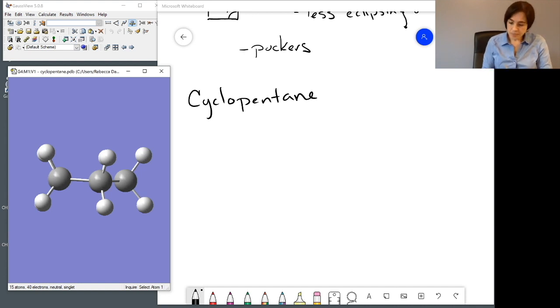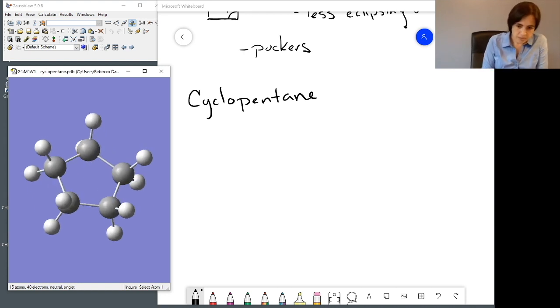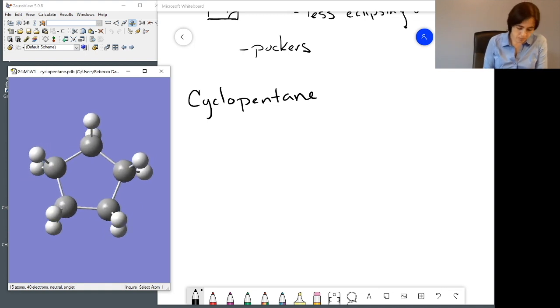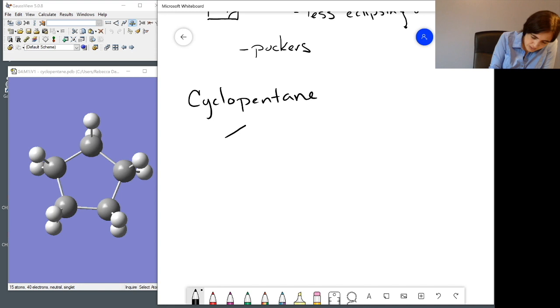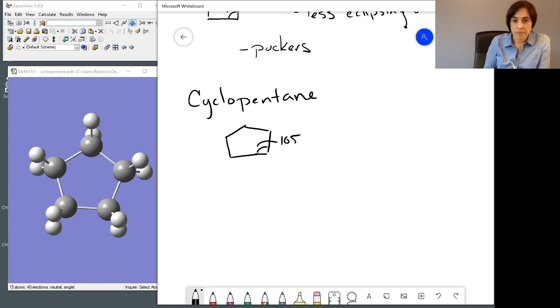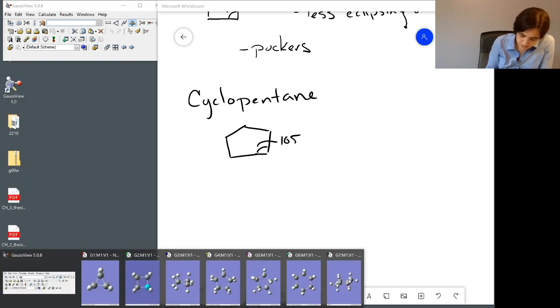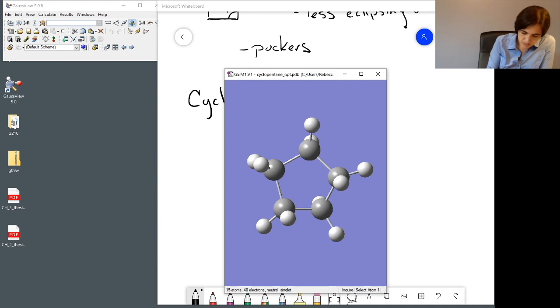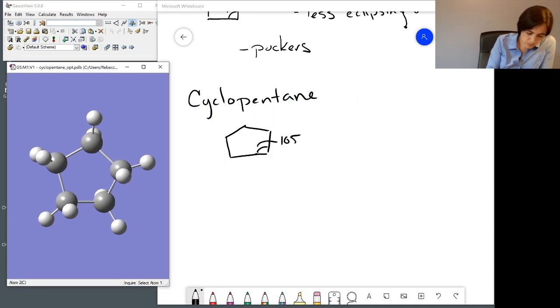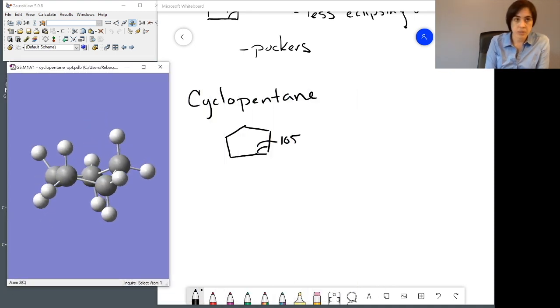Now here, we would get something closer to 108, which is very close to 109, but what we end up seeing in cyclopentane is that the bond angle here is in fact 105, not 108. So again, further deviation from ideal. This comes again from the fact that we want to avoid fully eclipsing hydrogens.